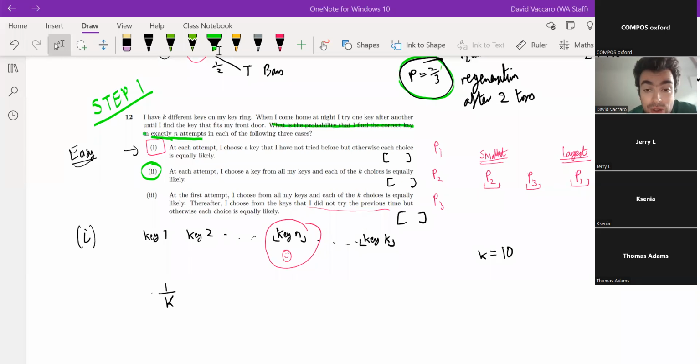Yeah. So you're never going to try more times than there are keys. So for part I, the probability is 1 over k, but only if n is in the range between 1 and k. If n is bigger than k, the answer is 0, because you're deterministically going to find it within k attempts.